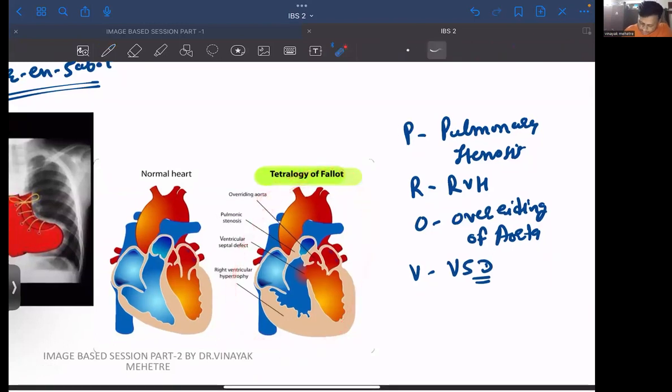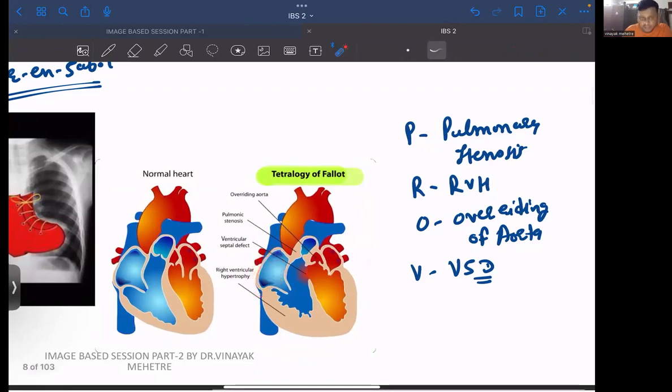Ventricular septal defect, a defect in the septum of the ventricles. Overriding of the aorta, then comes right ventricular hypertrophy. This you will see in tetralogy of Fallot.